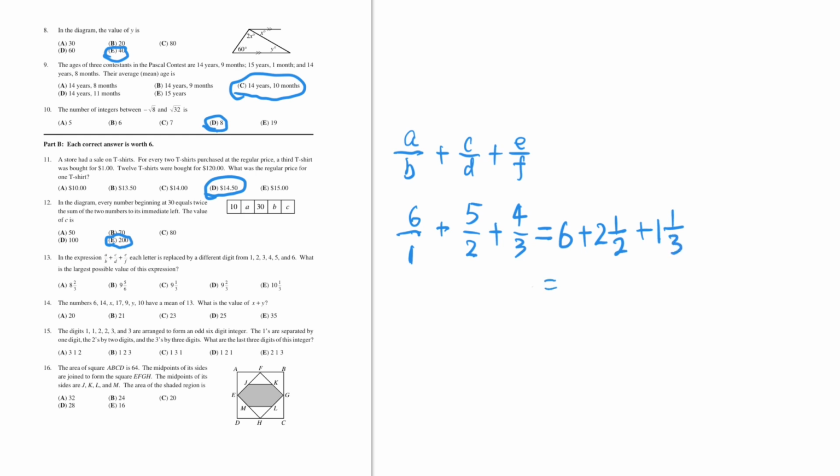The integer part is 6 plus 2 plus 1, that's 9. Then 1 over 2 plus 1 over 3 is 5 over 6. So the answer is B.